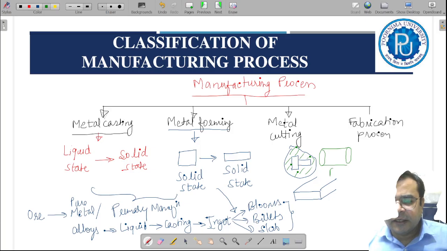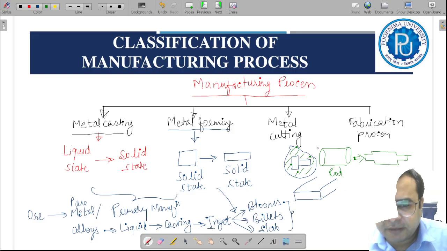And suppose if you need to make a step shaft, then by metal cutting, by turning operation, we can make this object. So this is called a metal cutting process.